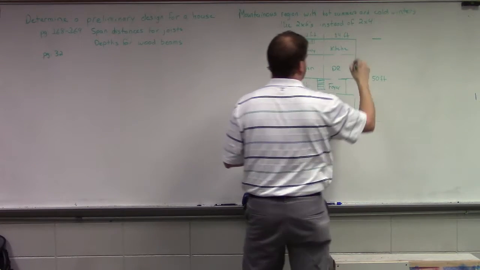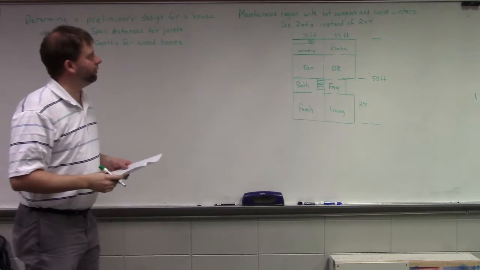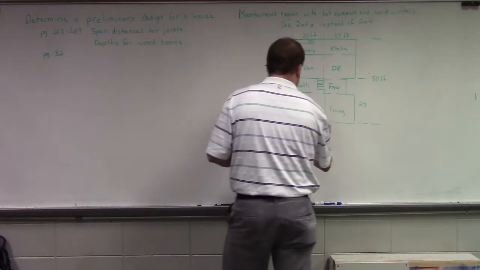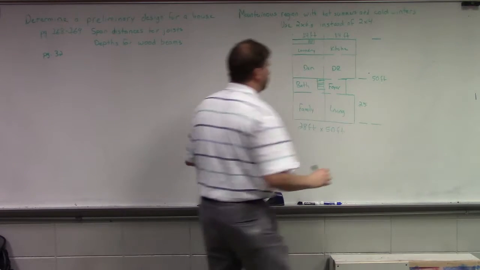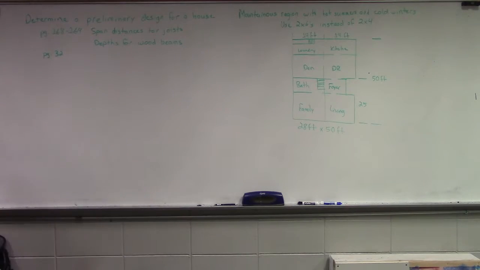Okay, so our general dimensions: we have 28 feet by 50 feet. So, when we think about residential construction, our structural systems, what are they going to be comprised of? What's going to make our shear wall?